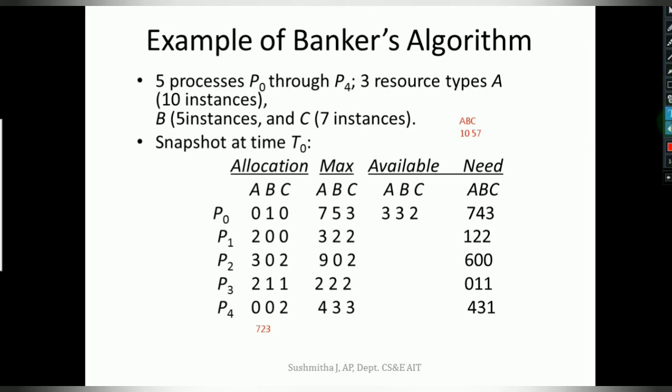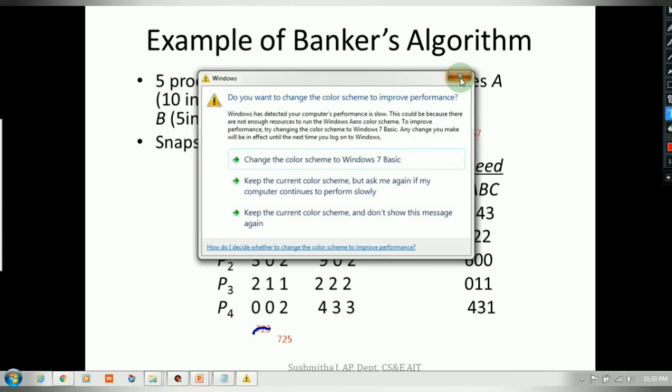Let me strike it off and rewrite it. So let me continue. Among 7 instances of resource type C, there are 5 instances that are allocated.